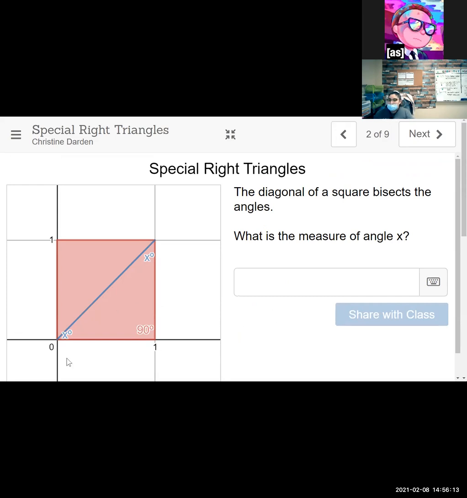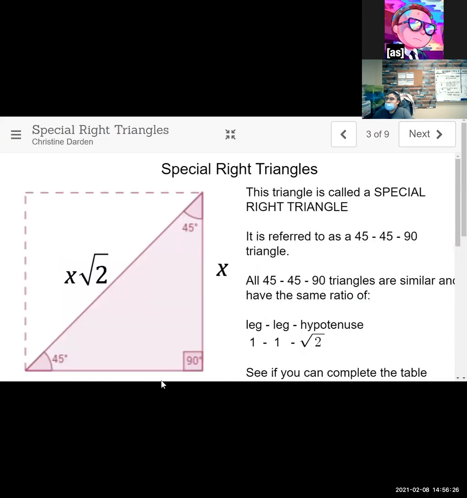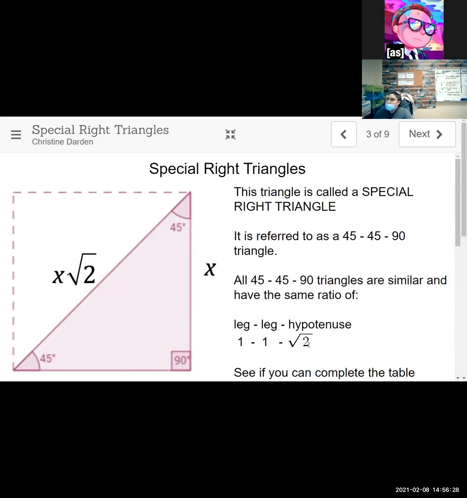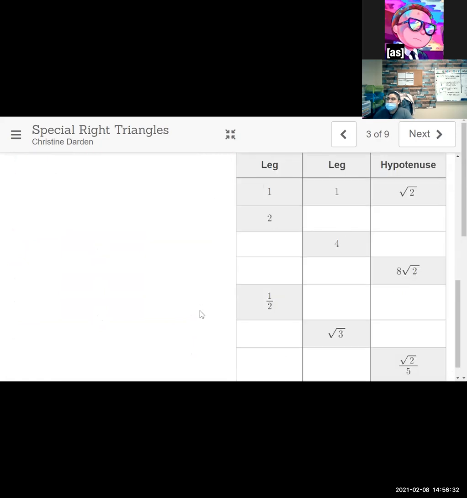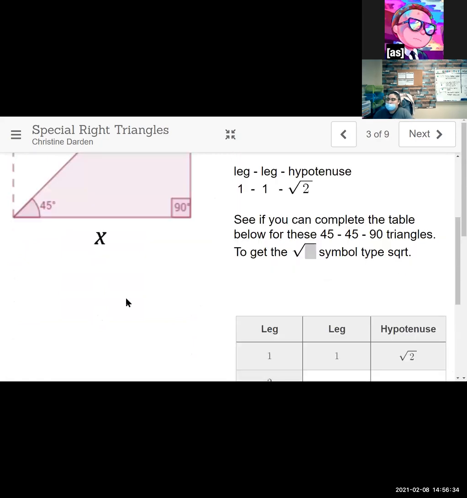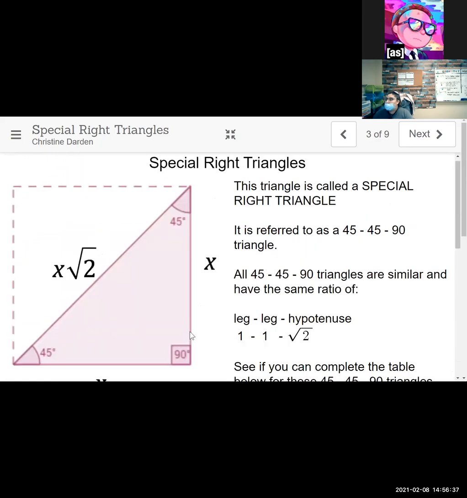Again, that was discussed at the beginning of the lesson. After you answer questions 1 and 2, you want to go on to slide 3. Slide 3 is where I really want you to apply these properties to make sure that you understand how to find the missing side length given one of the measurements in your right triangle.